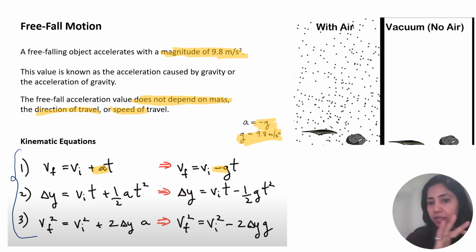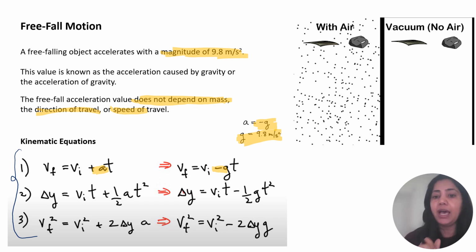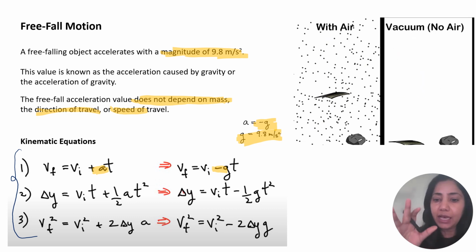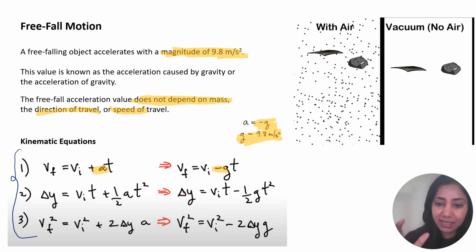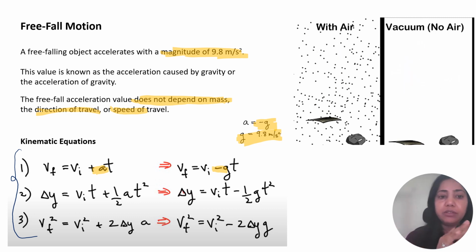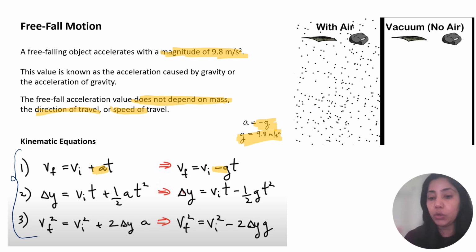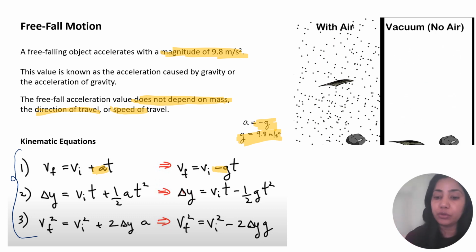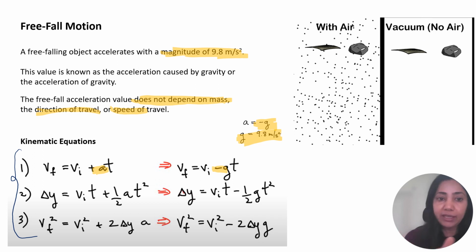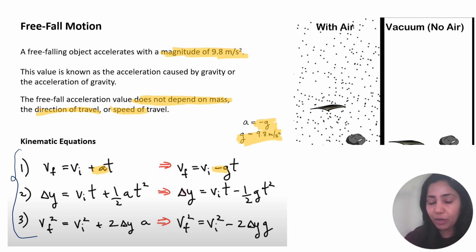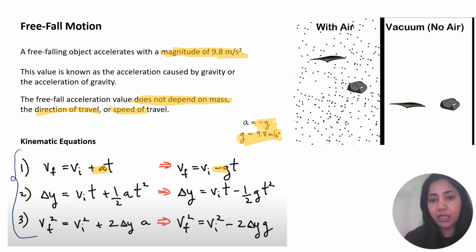There is a very important assumption in this experiment: we always assume that free fall motion happens when there is no air. The air resistance should be 0. Only then can we study free fall motion. Suppose you take this animation.